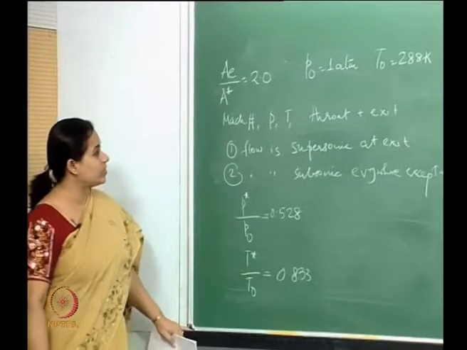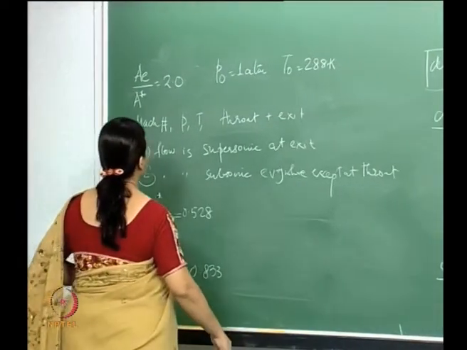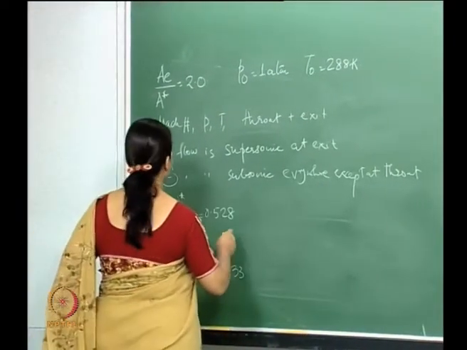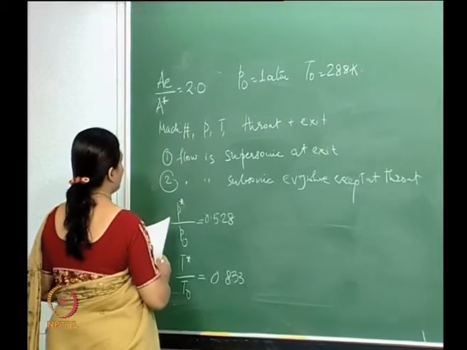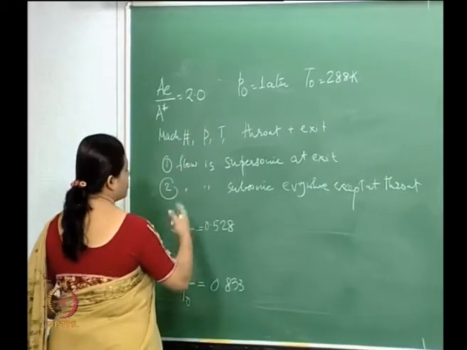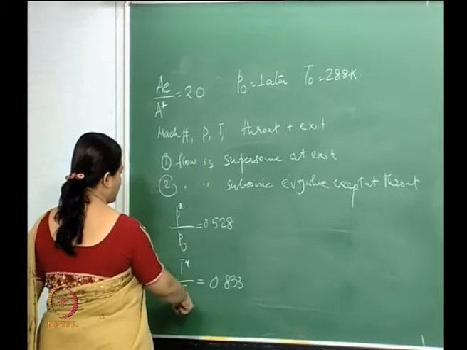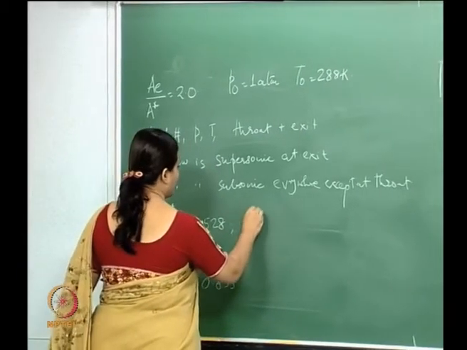So, in order to calculate this, P naught is given and T naught is given. Therefore, we get the throat conditions.